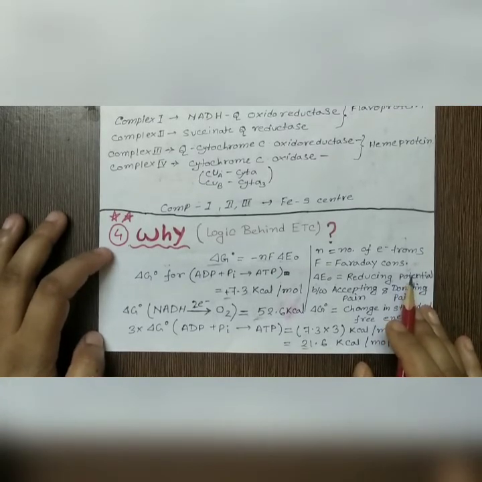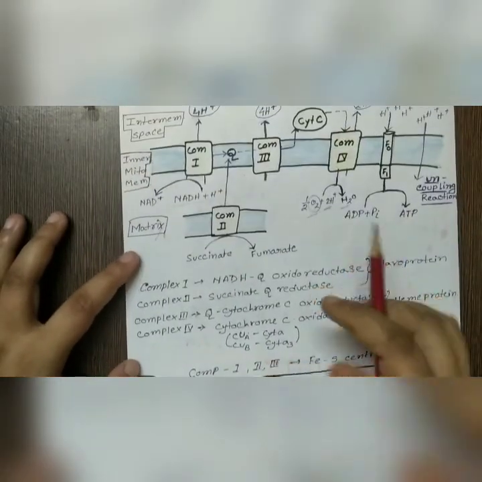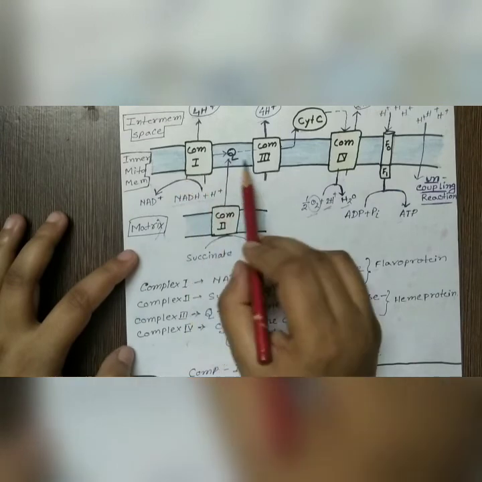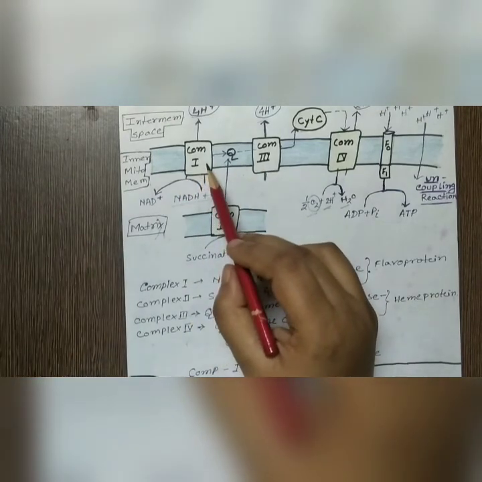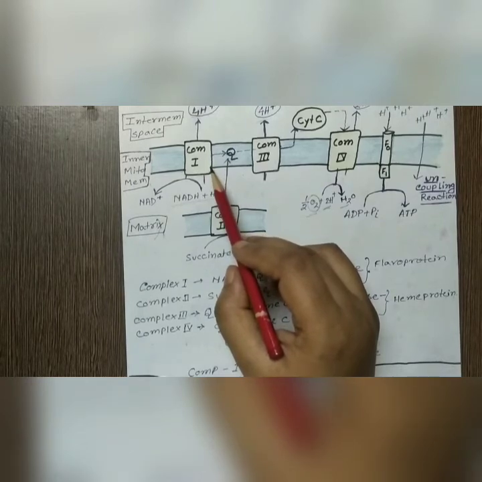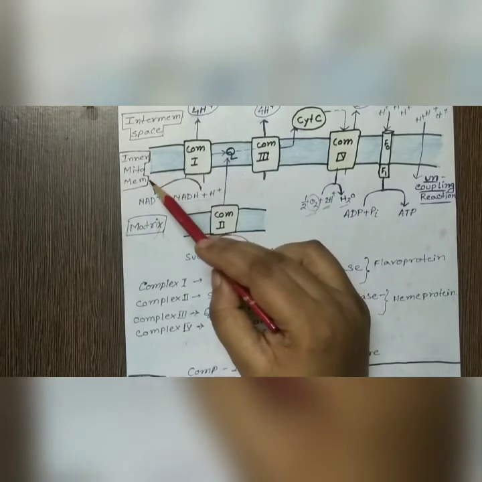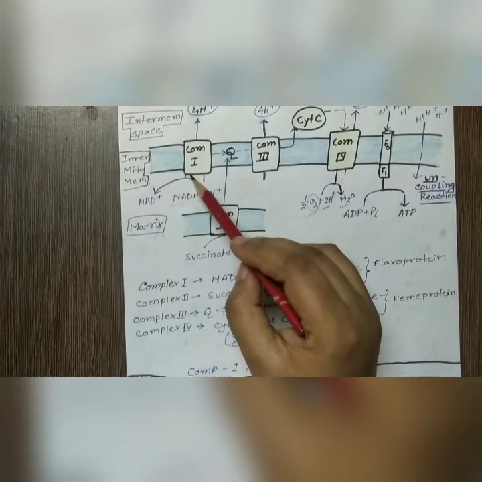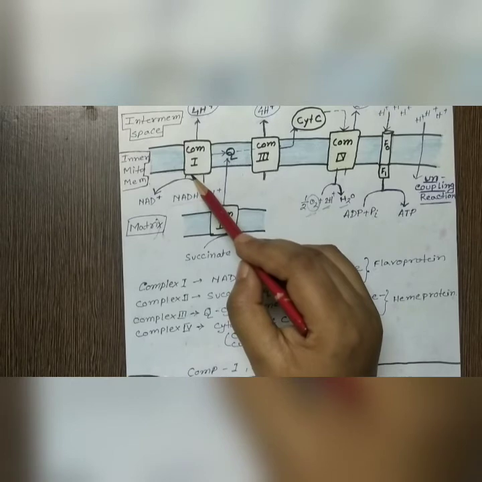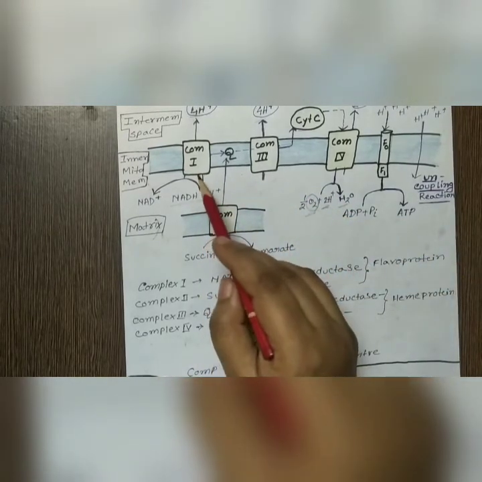So I have told you previously that all those complexes are placed in such a manner that they follow a rule. Actually, they follow reduction potential values, which are placed in order in the inner mitochondrial membrane. The first has the most negative reduction potential value, and oxygen is the most positive one.